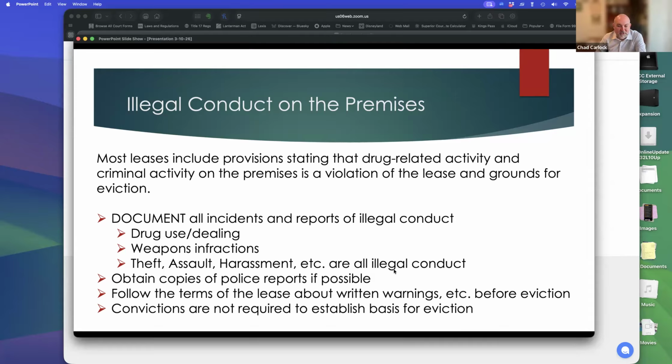However, if you don't have a conviction, or if the DA decides not to prosecute, and you still decide that it's serious enough that you want to evict them, be prepared for a judge hearing your eviction case to ask, well, they didn't even decide to prosecute them. How do you know that they really were dealing drugs or doing whatever you're accusing them of as the basis for your eviction? So make sure you have supporting documentation before you head that way.